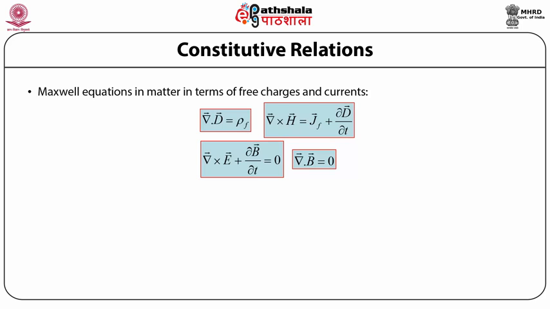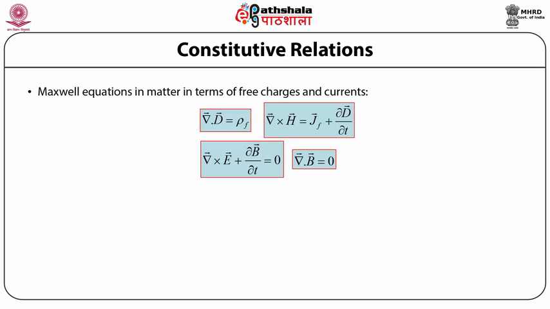The second of the Maxwell's equations is then written as the curl of the magnetic field intensity vector H is equal to the current density due to free charges, that is vector J_F, plus the time variation of the electric displacement vector D, that is del D by del t.